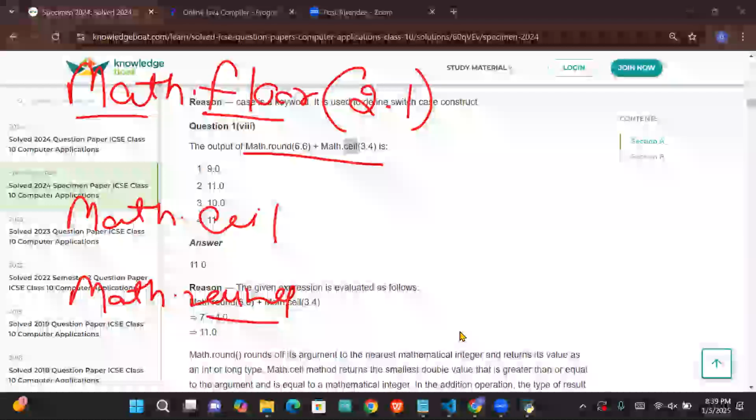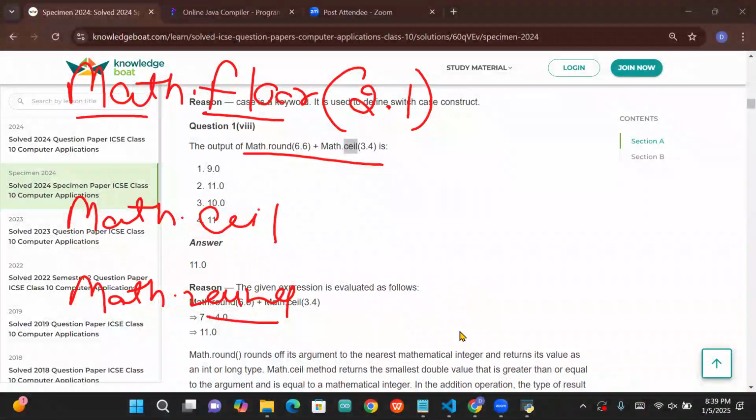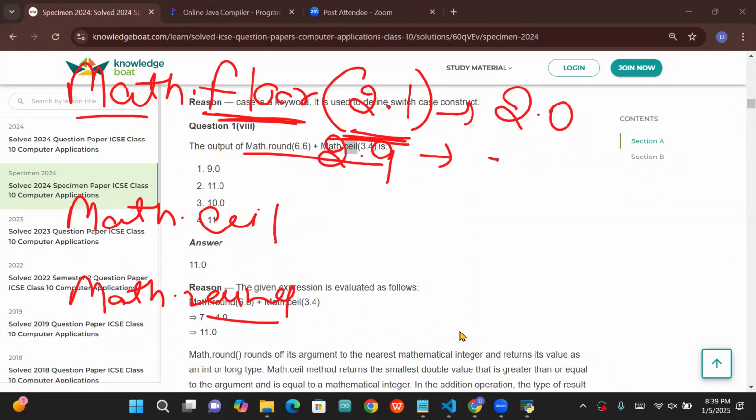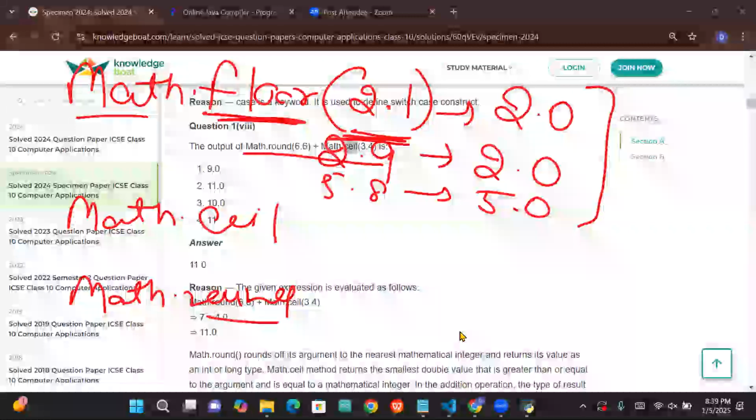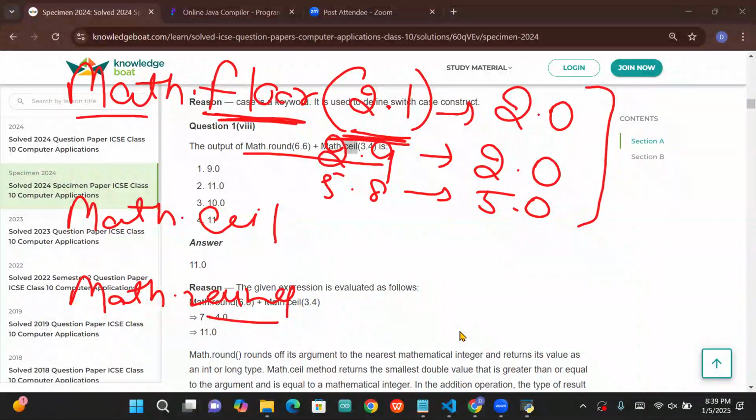It can become either 2 or 3, but floor gives you the lesser value, so it gives 2.0. Even if you convert 2.9, floor gives 2.0 only. If you write 5.8, it gives 5.0, because floor is on the downside. So you can remember it this way: it always converts into a lower value.